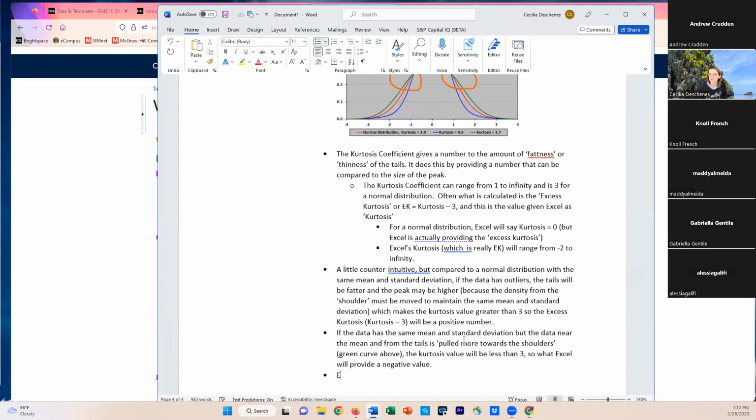So then the last thing I want to talk about is what Excel functions you use to get this. In Excel, we're going to use the Data Analysis package, and I'll give you an example next class, where we go to descriptive statistics and get summary statistics.